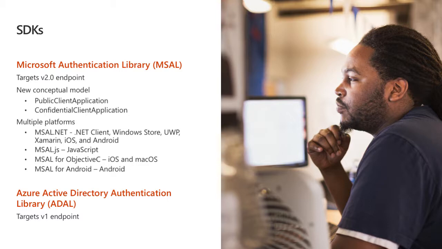So it's going to be either a client secret, like a password, or an X509 certificate. Now, the Microsoft Authentication Library is considered as the successor to Azure AD Authentication Library, otherwise known as ADAL. This module is going to focus on leveraging MSAL and Azure AD V2 endpoints to talk to the Microsoft Graph.